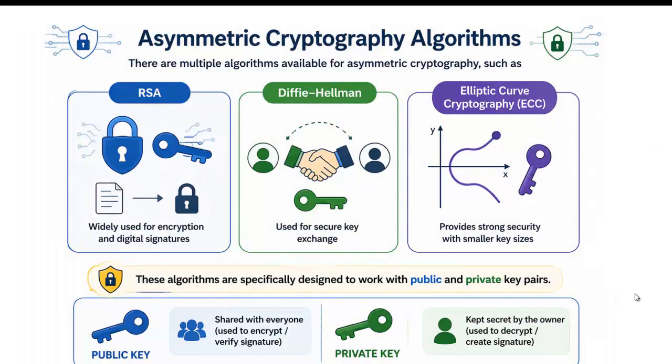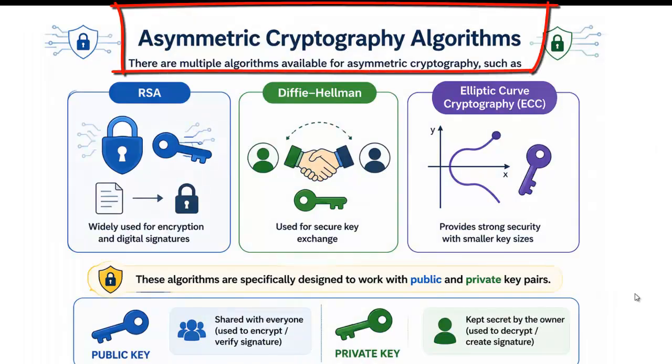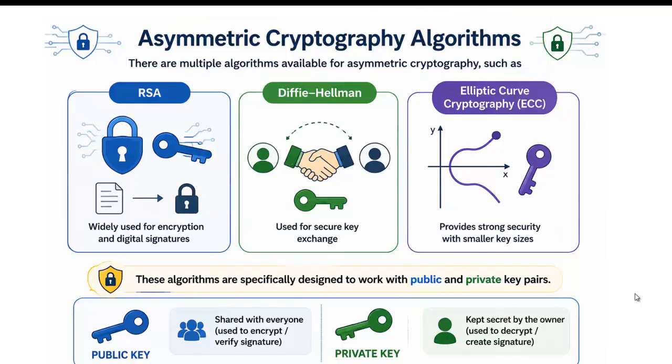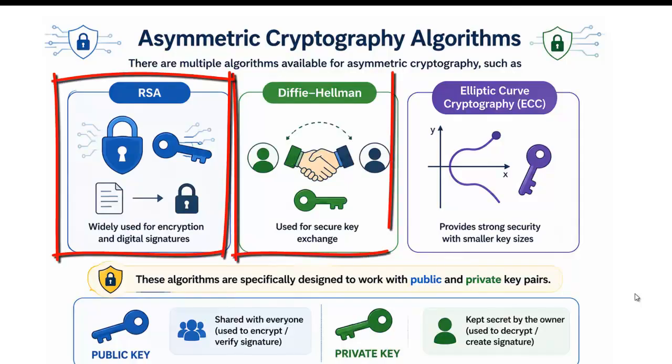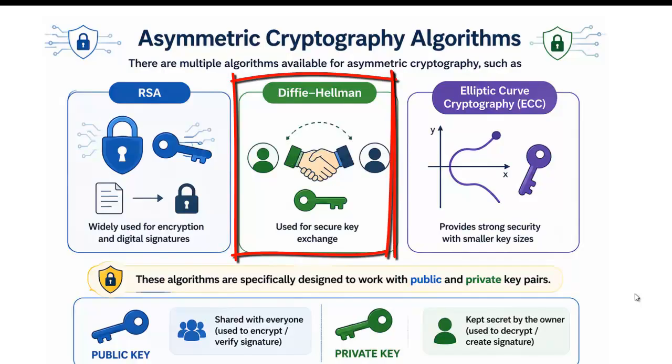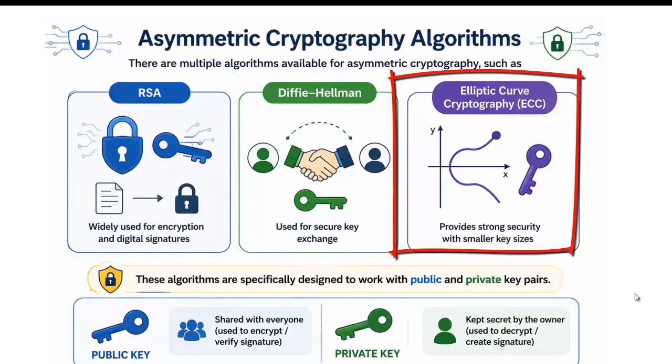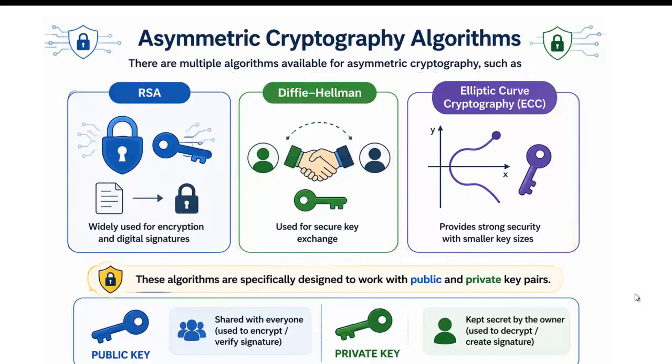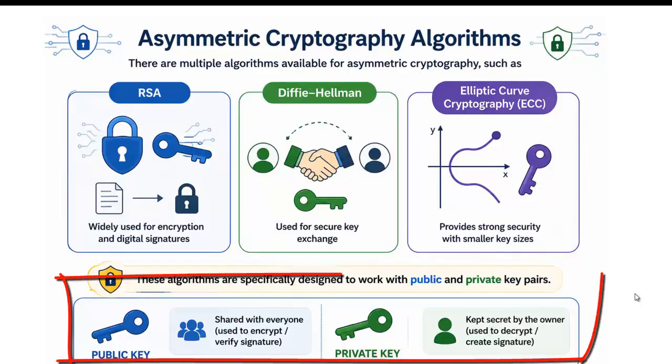In this example, we are going to use asymmetric key cryptography, also called public key cryptography. There are multiple algorithms available for asymmetric key cryptography, such as RSA, Diffie-Hellman, elliptic curve cryptography. These algorithms are separately designed to work with public and private key pairs.